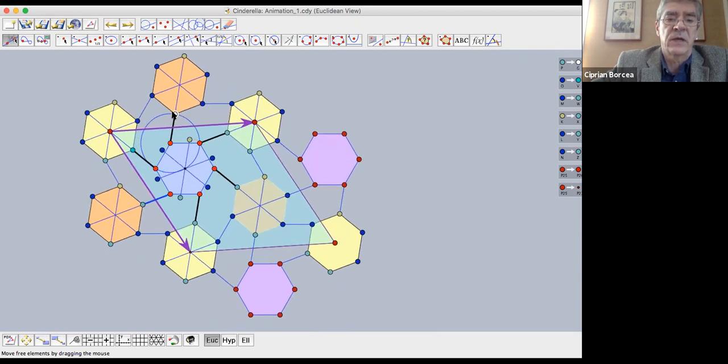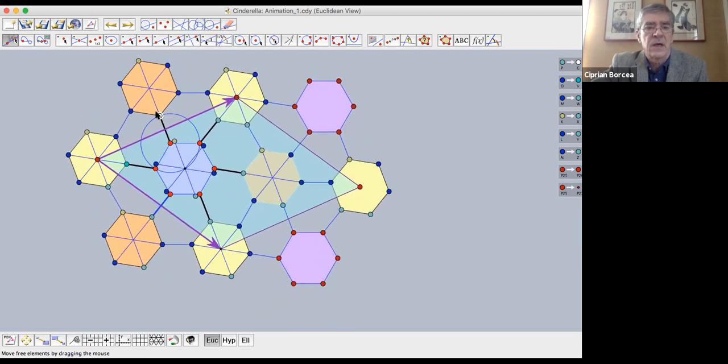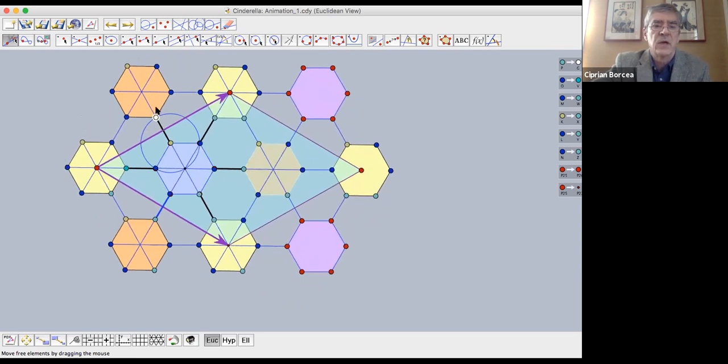So you see these diameters replicate what we have in the linked hexagon over there. So a relative rotation occurs, and this will be the position of maximal deployment.